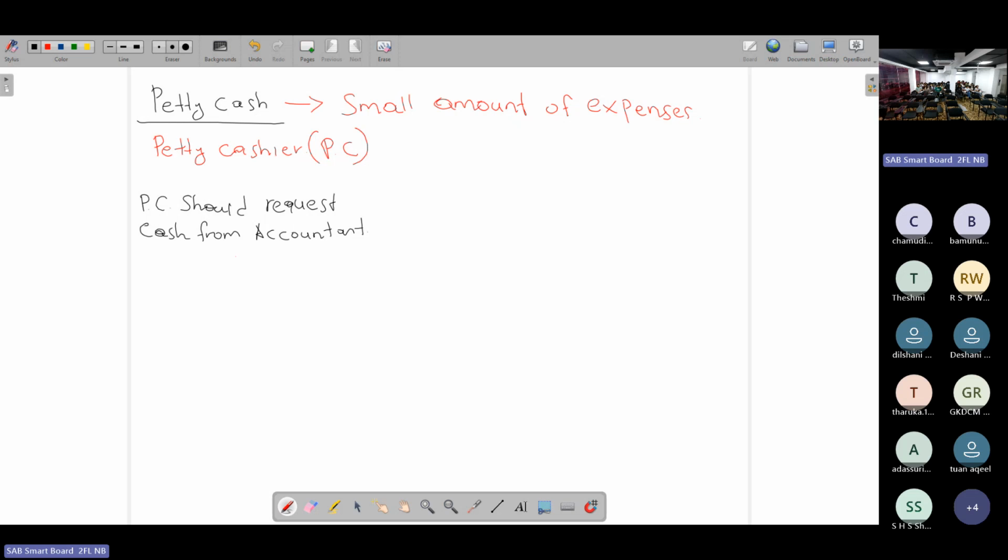For that, the petty cashier will use a requisition form. Okay, clear? You should request in a formal manner.